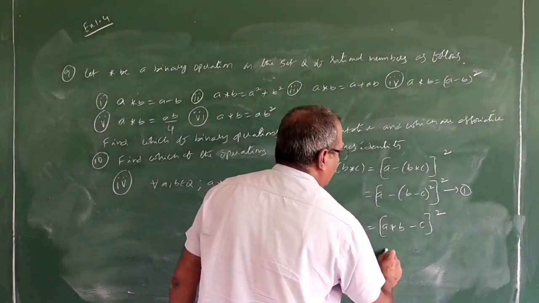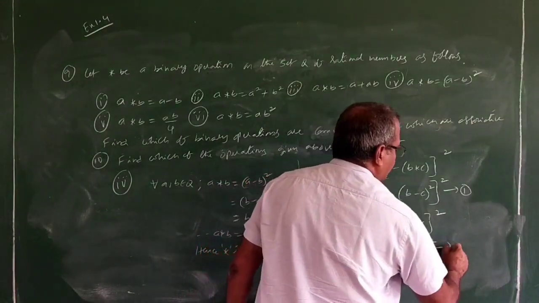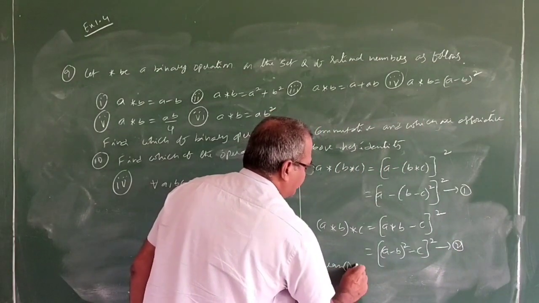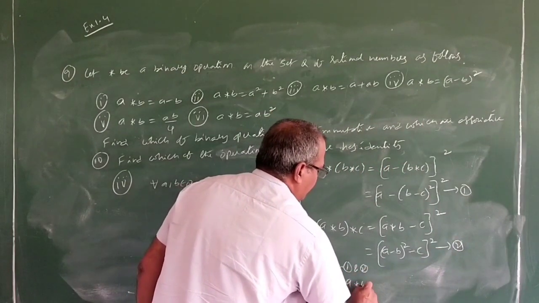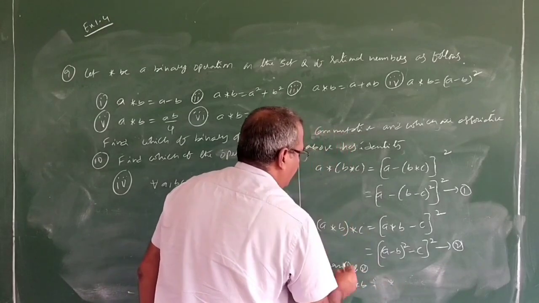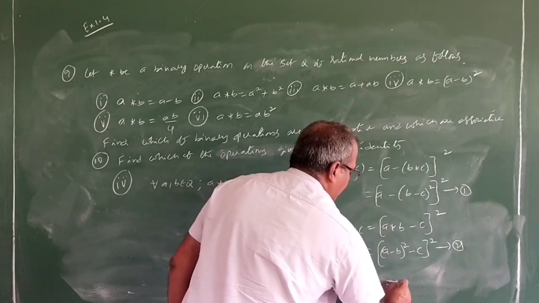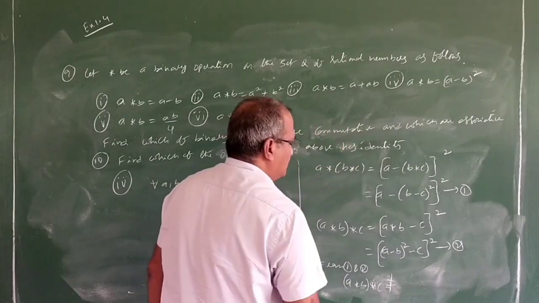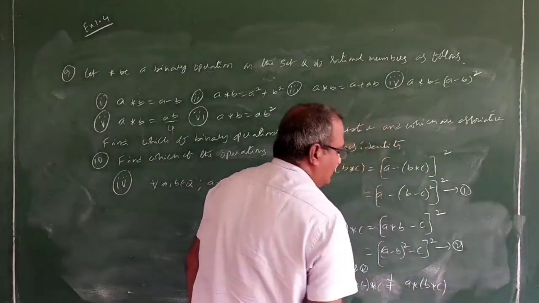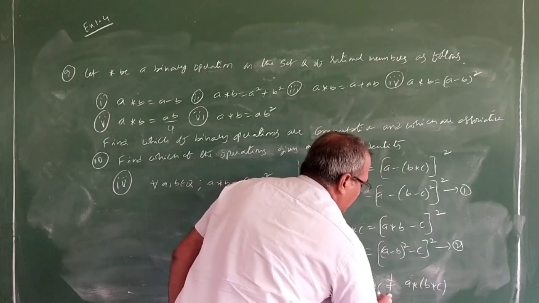Next here, A minus B whole square minus C whole square. Observe these two, 1 and 2. From 1 and 2, what we can say? A star of B star C is not equal to A star B star C. Therefore, star is not associative.